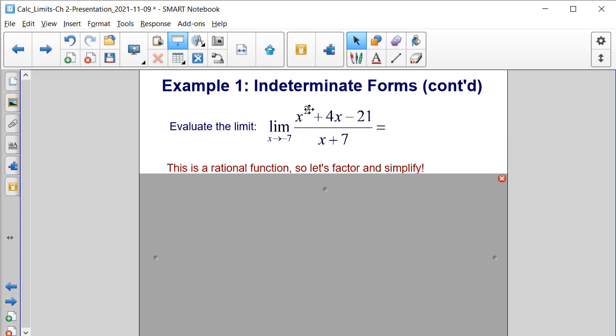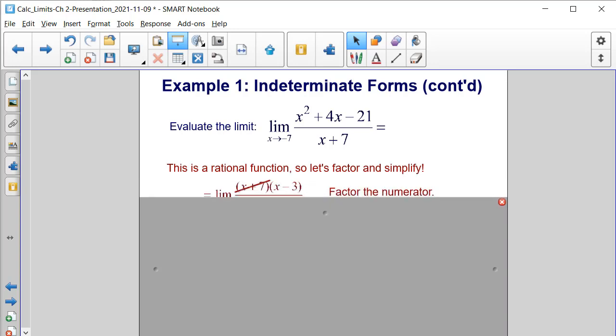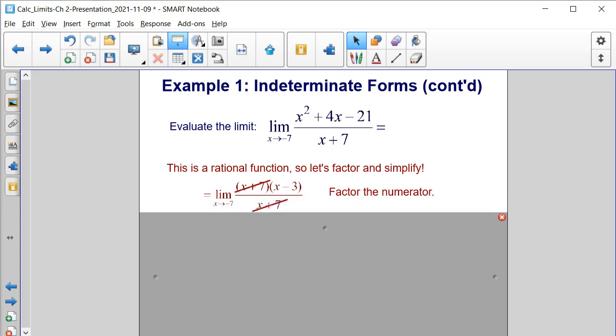So let's actually factor this rational function. We have x squared plus 4x minus 21 in the numerator, and the factors of negative 21 that add up to positive 4 are positive 7 and negative 3. So we can rewrite the numerator as x plus 7 times x minus 3, and the denominator stays the same with x plus 7.